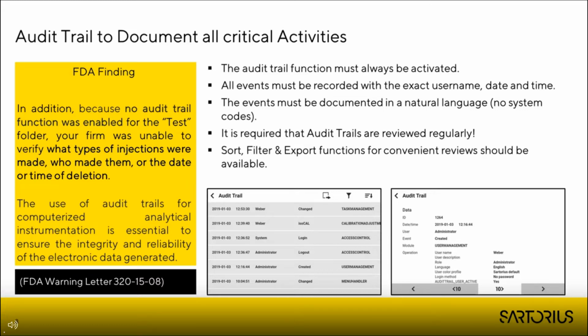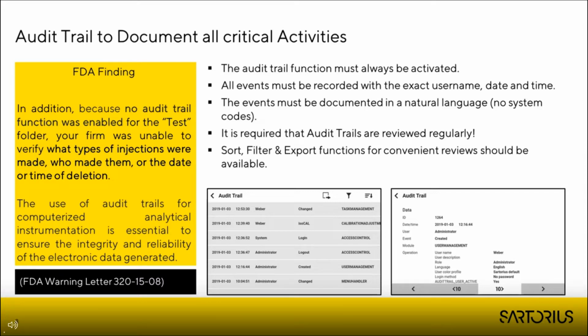We from Sartorius, with our Cubis II balance for example, always have the audit trail activated and it cannot be disabled or deleted. And you should not only have the audit trail, which documents all the important events on the instrument, you should also review the audit trail entries on a regular basis.